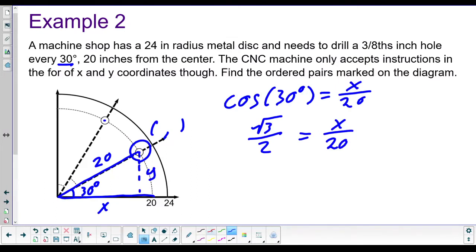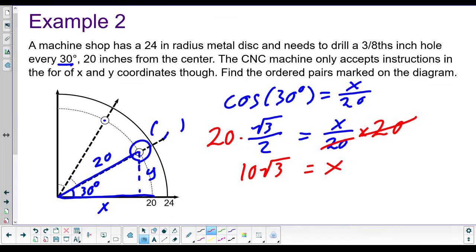Now we need to solve for X. So we're going to multiply both sides by 20. To get rid of this, divide by 20. So these cancel, and we get X equals 20 divided by 2 is 10. So this is 10 radical 3. Notice that this is just the coordinate we thought it was from the unit circle times the hypotenuse.